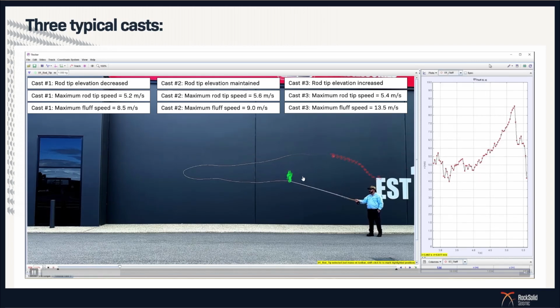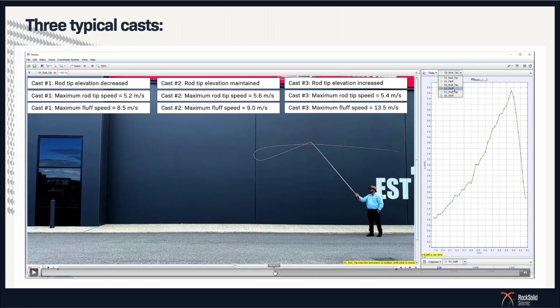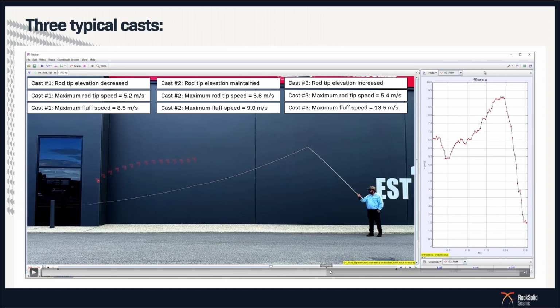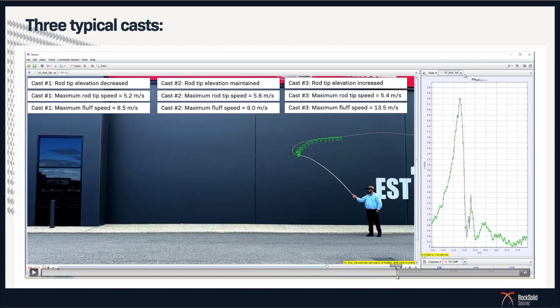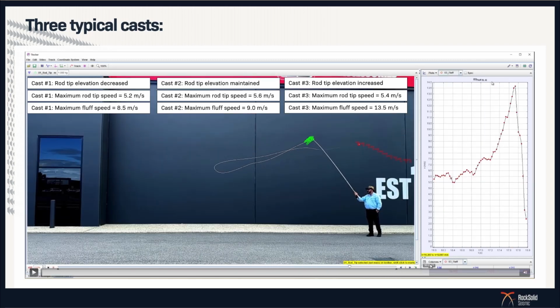this is dropping the rod tip. You can see it's coming through here, and then it gradually increases, the fly increases. In the second cast, it stays essentially the same, but in the third cast, when I'm lifting the rod tip up here, through here, you can see as I lift it, that fluff gets faster and faster, and it reaches 13.5 meters per second, significantly faster than what you'd expect it to be.